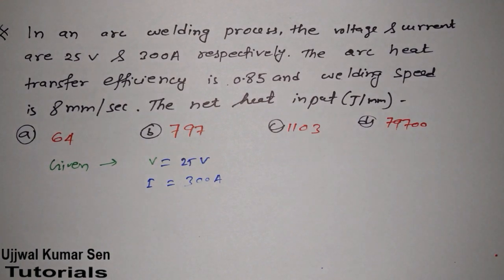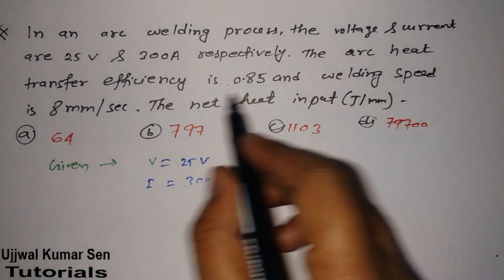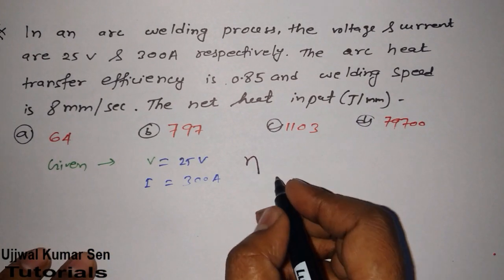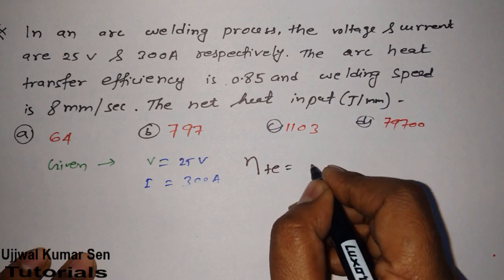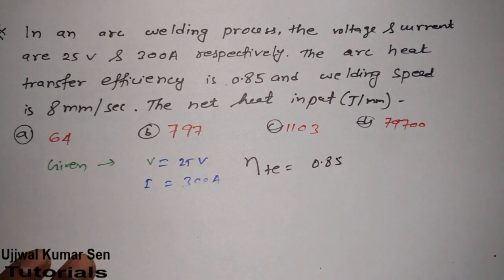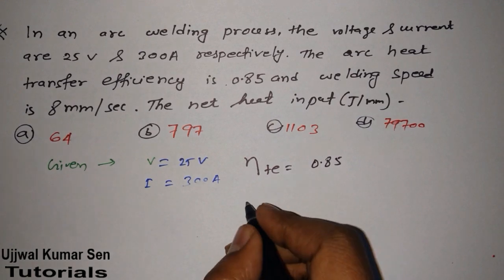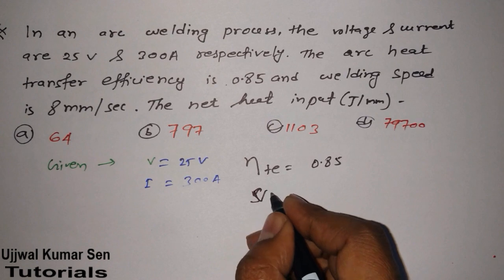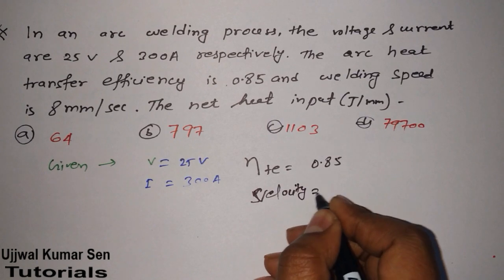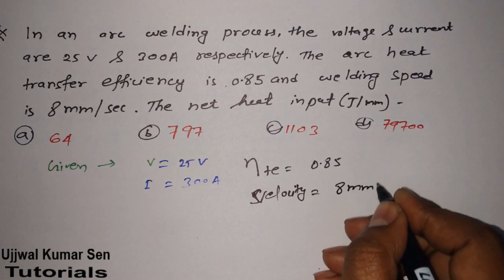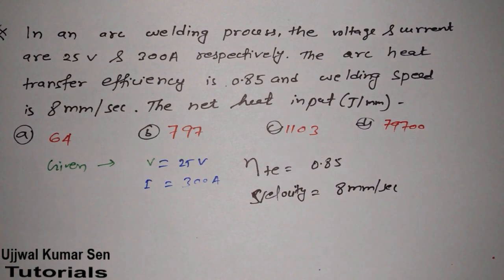V is equal to 25 volt, I is equal to 300 ampere, respectively. The arc heat transfer efficiency is equal to 0.85, and the welding speed, or velocity, is 8 mm per second.